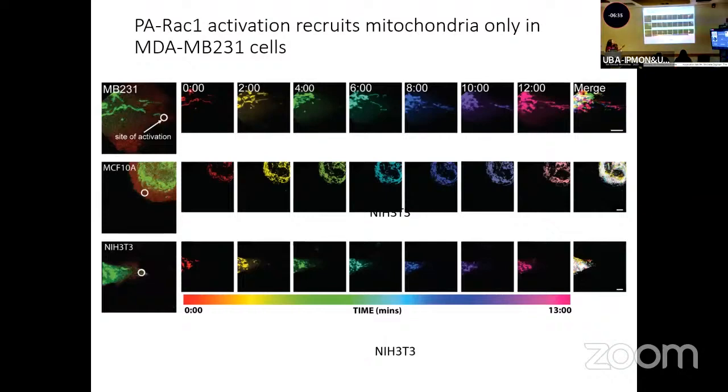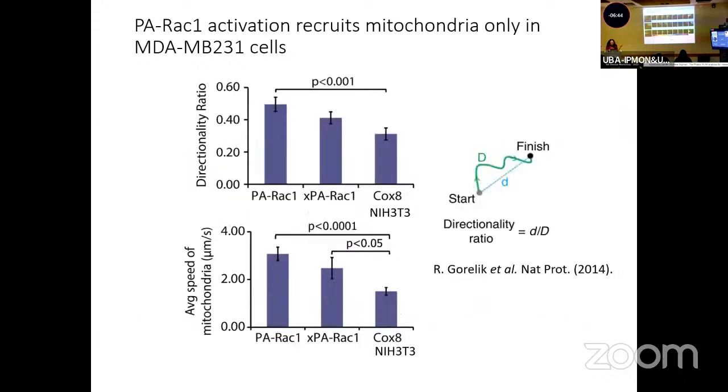and we watched the recruitment over a function of time, and we did them on NIH3T3 cells, MCF10A. These are two control cell lines and the aggressive tumors. We use a directionality ratio because the mitochondria go like this in all directions. They don't go just straight. So we had to calculate the deviation from a straight line.